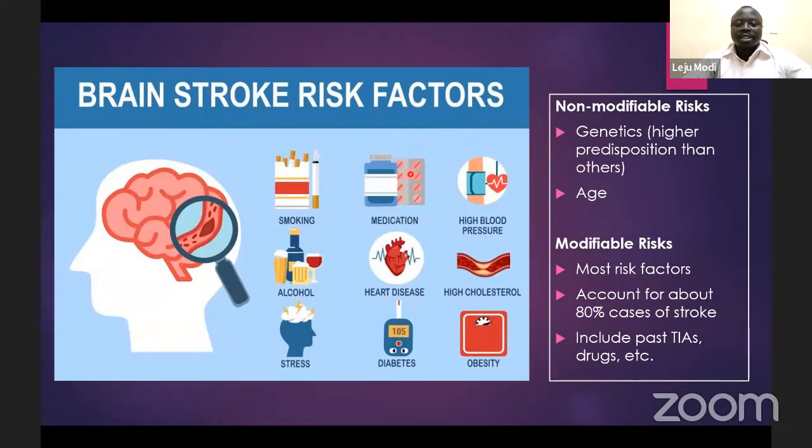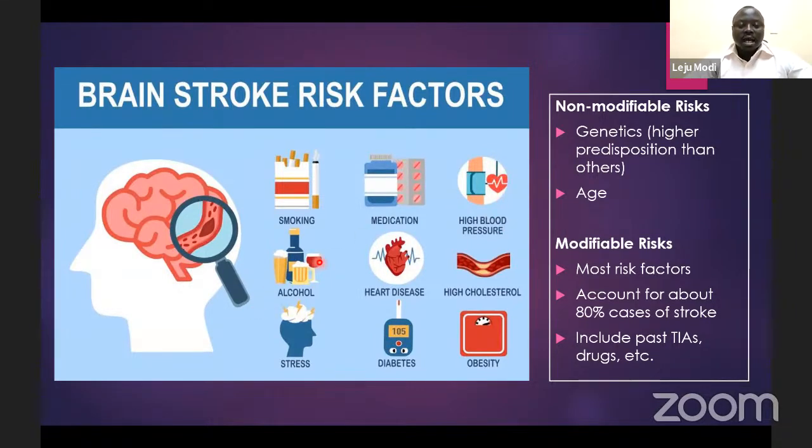And then you have some medications. Some medications can cause blood to become too thin, and then it can cause easy bleeding around the brain. High blood pressure, I cannot overemphasize this because it has already appeared in the last few slides.